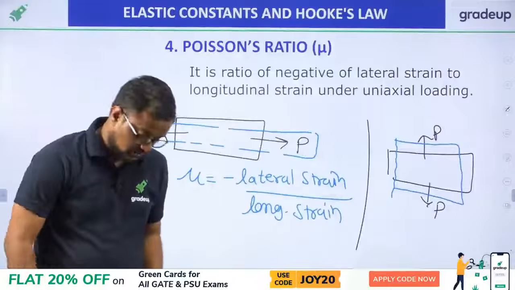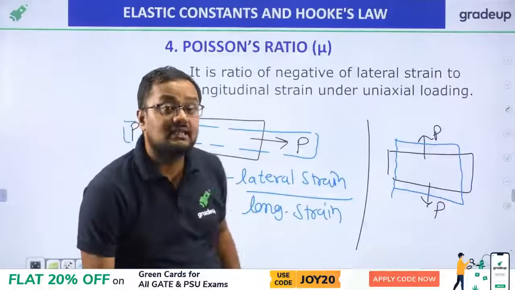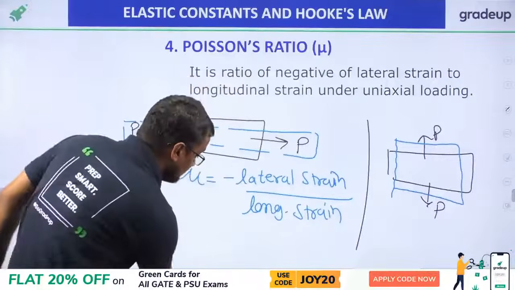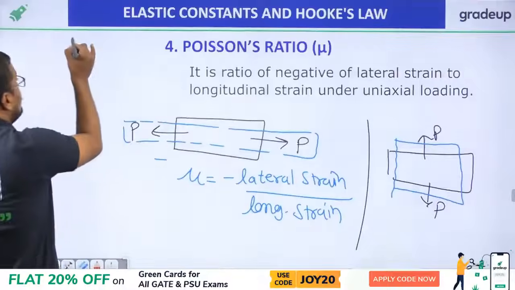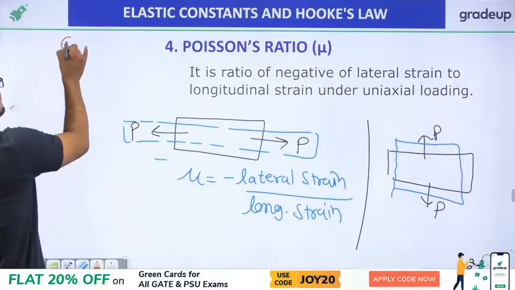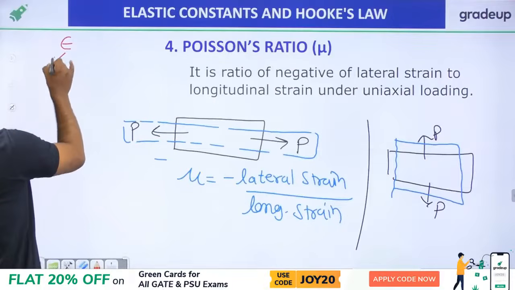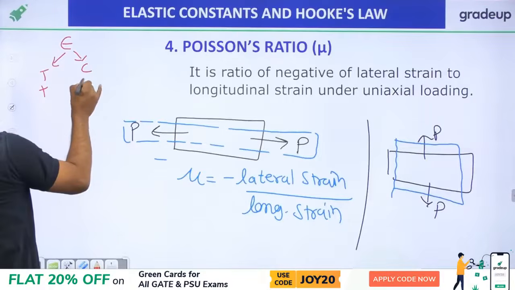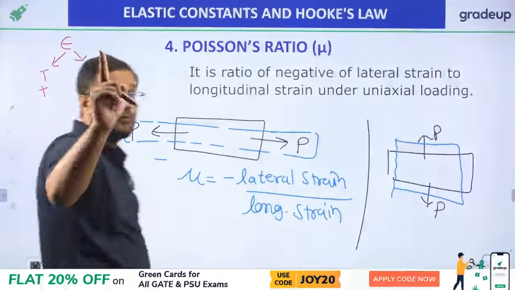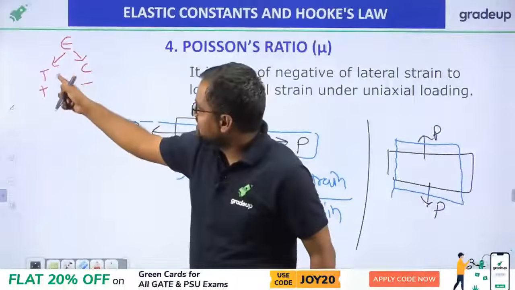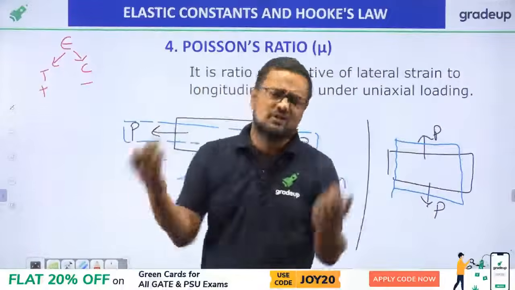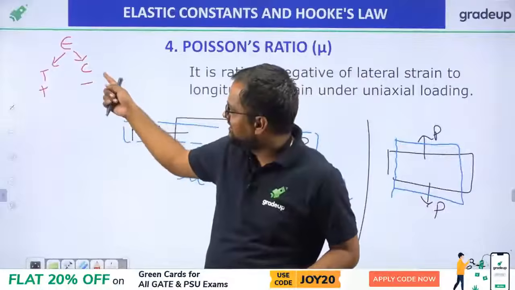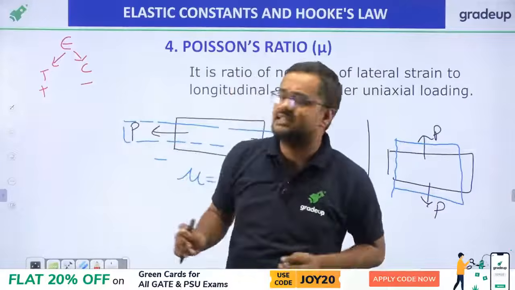Now, my friends, why is there a minus sign here? Please listen carefully. Suppose I take tensile strain, meaning elongation, as positive, and compression, contraction, deformation as negative.